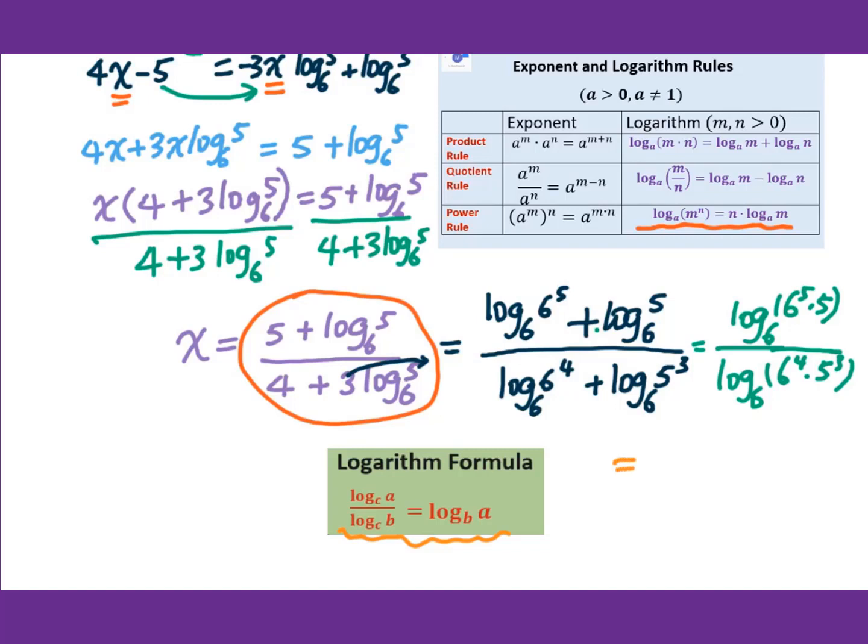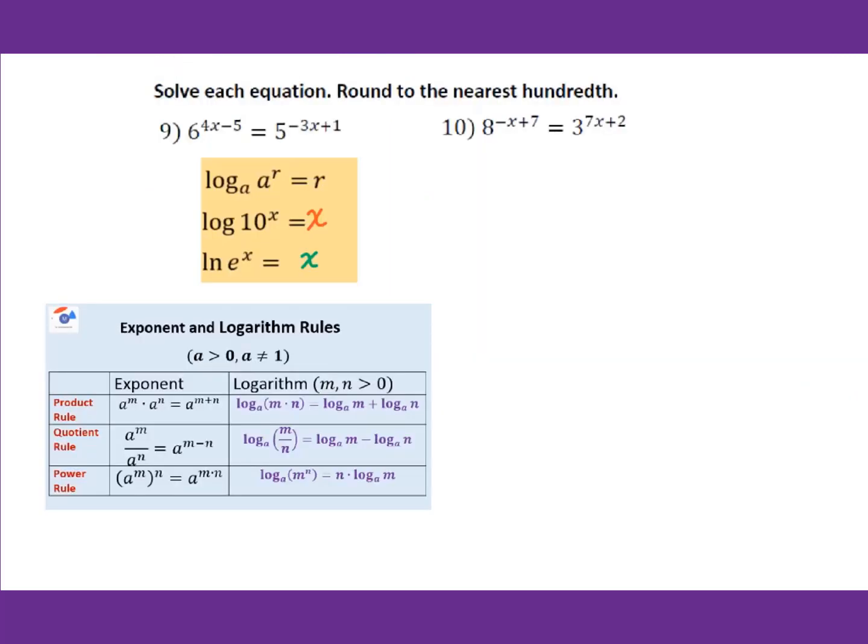You will get log base 6 to the fourth power times 5 to the third power of 6 to the fifth power times 5. After we put it into the calculator, you will get 0.88.